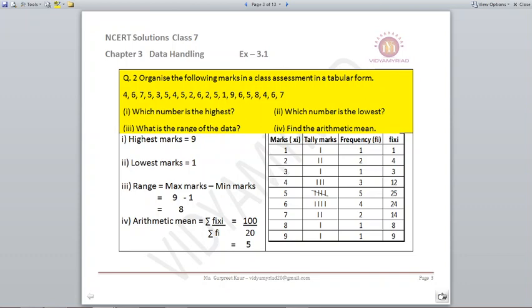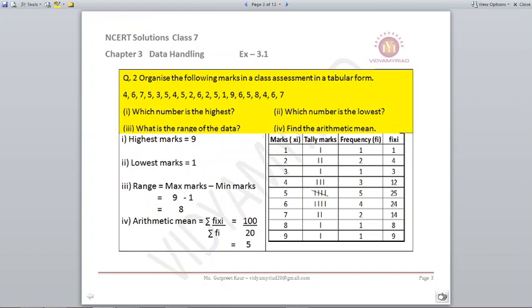The last part is you need to find out the arithmetic mean. For calculating the arithmetic mean on the tabular form, we will first multiply Fi into Xi. Fi is the frequency, or the number of times those marks are repeated.